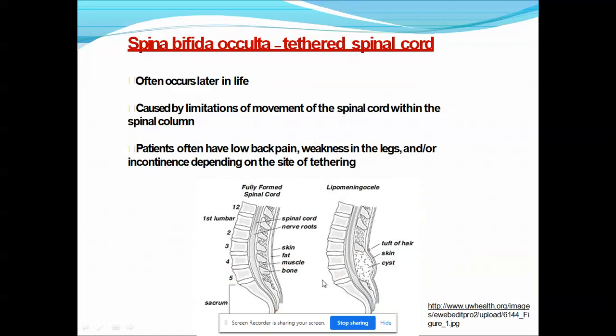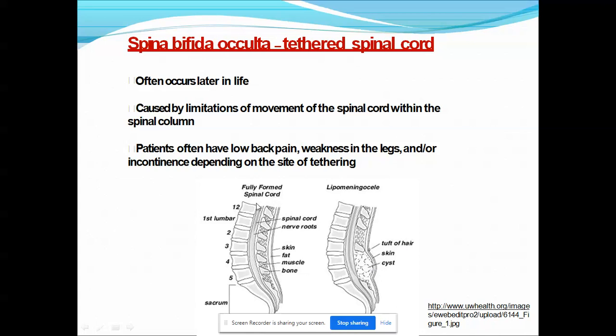So we can see here in this picture, there will be lipomeningocele. So here you have the cyst inside the spinal canal. There will be cyst formation. The skin can be normal on the outer aspect, but that region will be a little bit swollen. So you can see the swelling in this region, and a tuft of hair is also present.